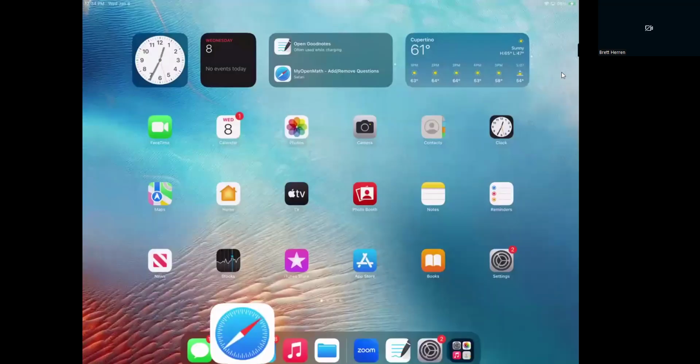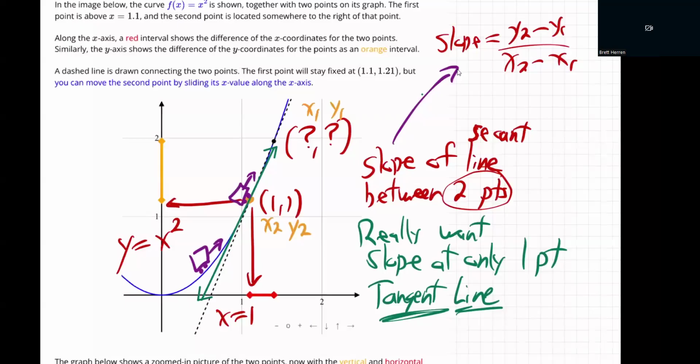Right? Let's go back to the picture. We're gonna have the 2 points that go from here to here, and get a little rise and run between the 2 points. This is the rise, right? And this is the run. That's what we're doing when we do y2 minus y1.